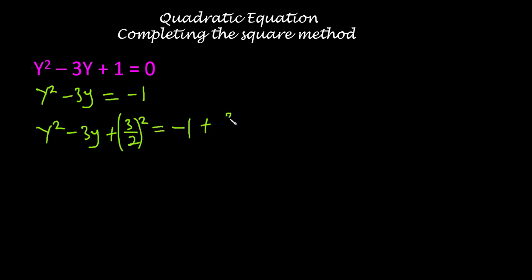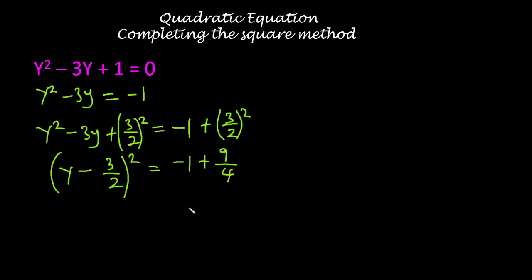So we add 3 over 2, everything bracket square, to both sides. And so the square root of this is y minus, we're going to pick the minus, we're going to ignore this, so we say 3 over 2, then everything square is equal to minus 1 plus 3 square, which is 9 over 4.